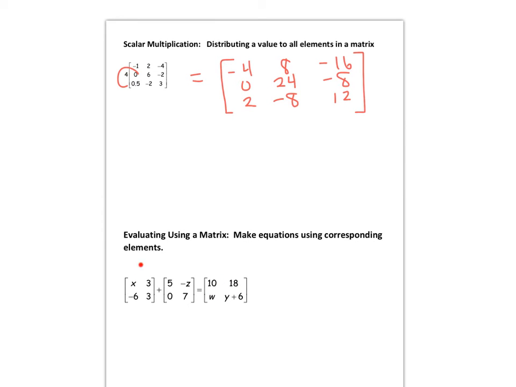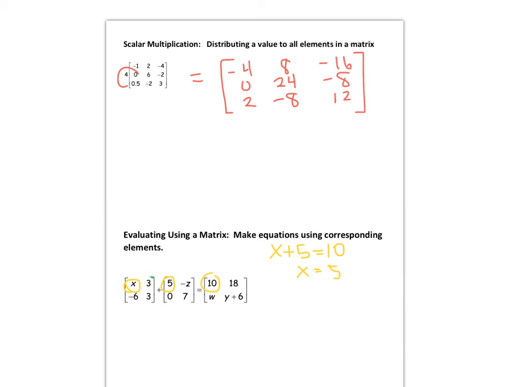If we know that each corresponding element creates that number in the answer, then we can make some small equations here. We can say that x plus 5 equals 10, and then with quick mental math, subtracting 5, x needs to equal 5.